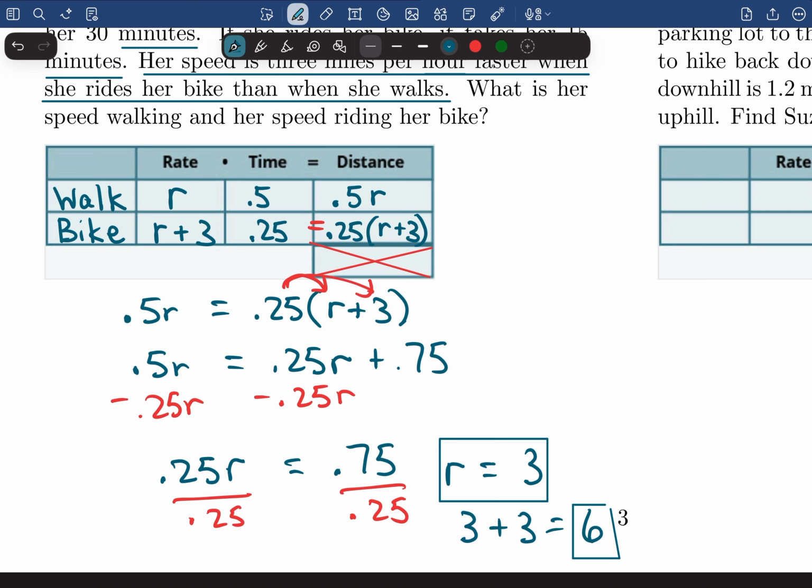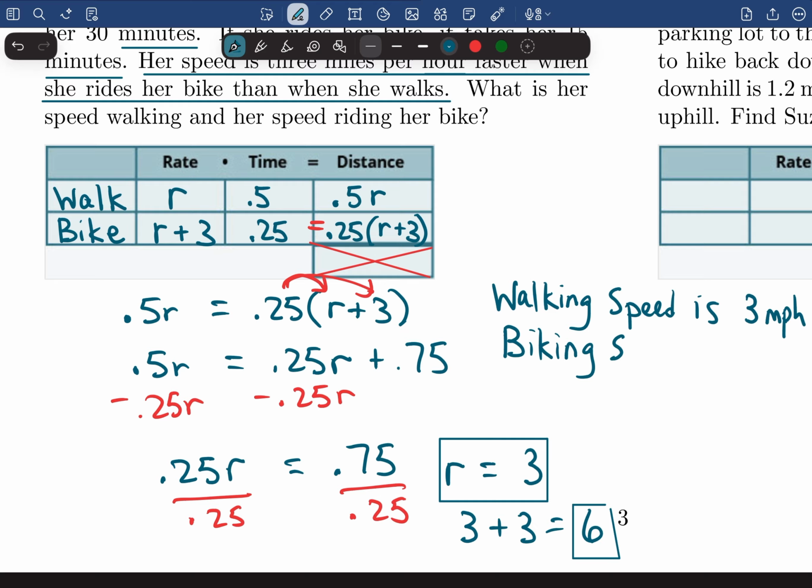Let's write a concluding statement so it's clear to everybody. Naoko's walking speed is 3 miles per hour, and her biking speed is 6 miles per hour.